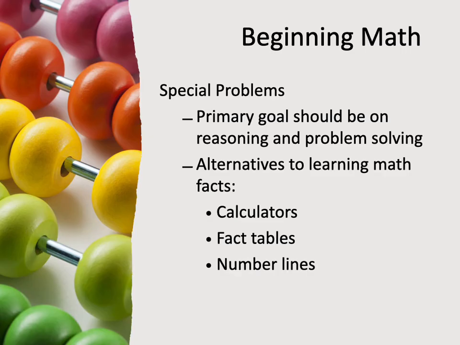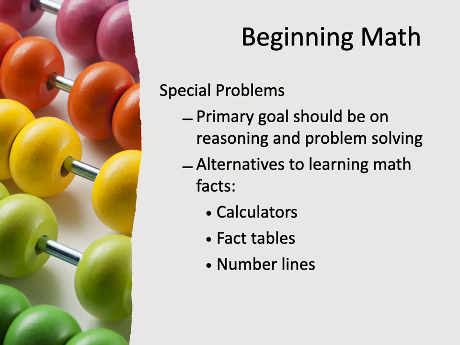To overcome those problems, the first step is always understanding students' learning trajectory. And we have to teach and provide age-appropriate or developmentally appropriate concepts or skills, especially in the math area, right? For young children, the primary goal should be on reasoning and problem solving.